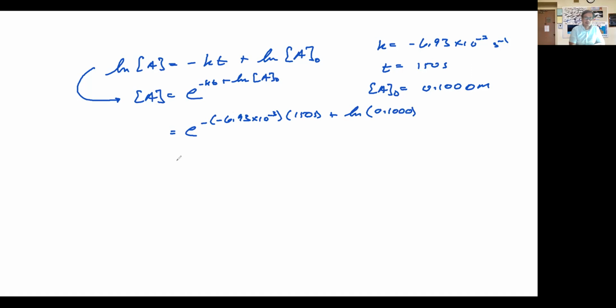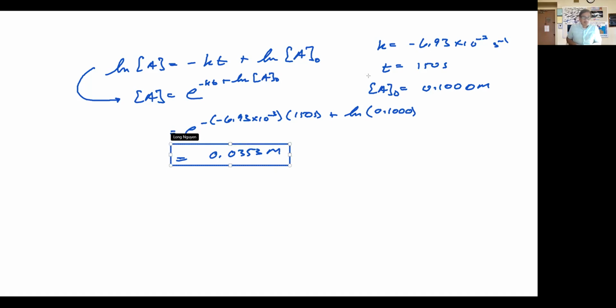Remember, e is 2.71828 and it keeps repeating to a certain decimal point, but let your calculator do the work. I end up with a value of 0.0353 molar. That is the concentration at 150 seconds.